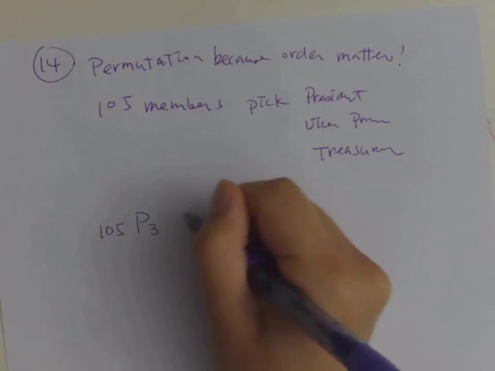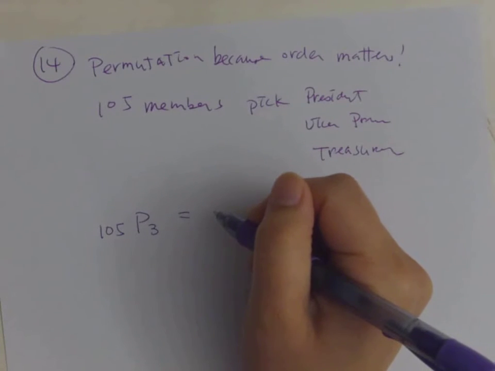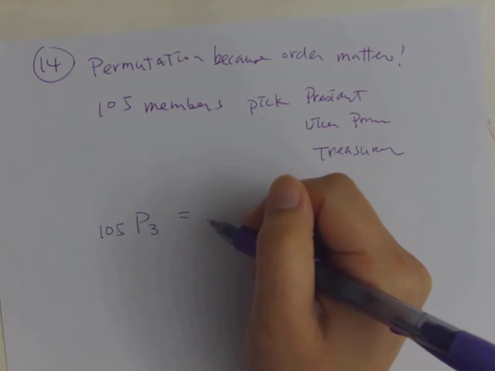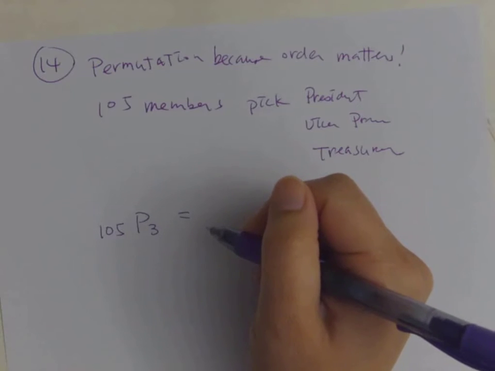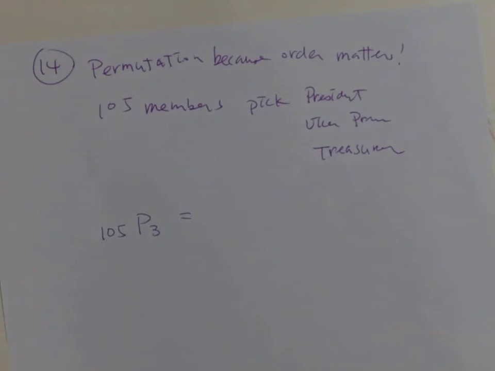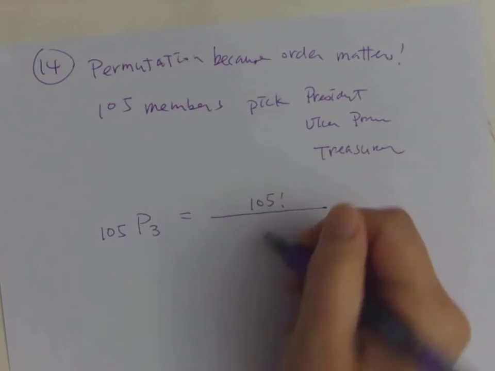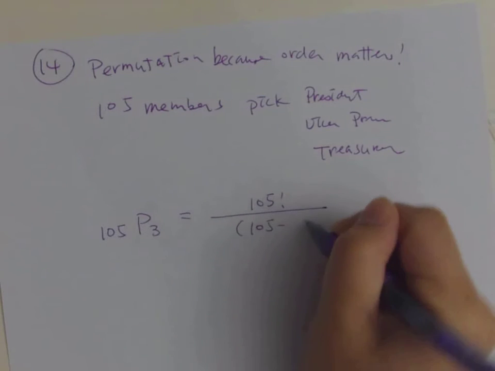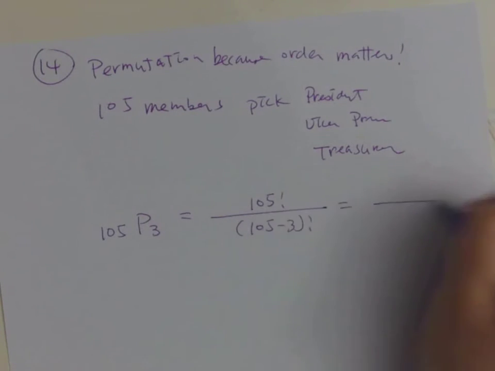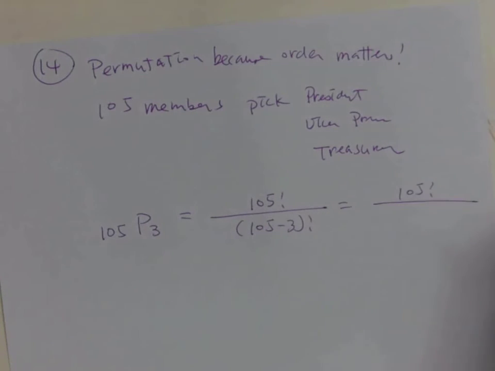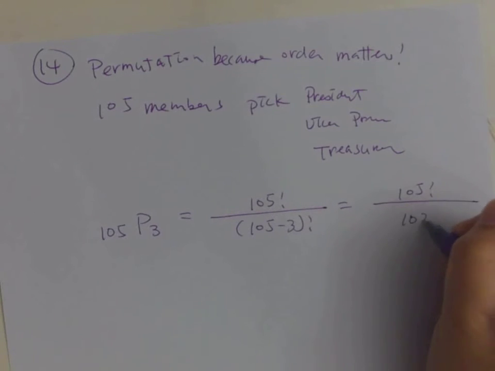105P3, right? So for permutation, we do what? It's easier to just do 105, 104, 103, right? The formula, let me do it one more time. This is going to be 105 factorial over 105 minus 3 factorial, so 105 factorial over 102 factorial.